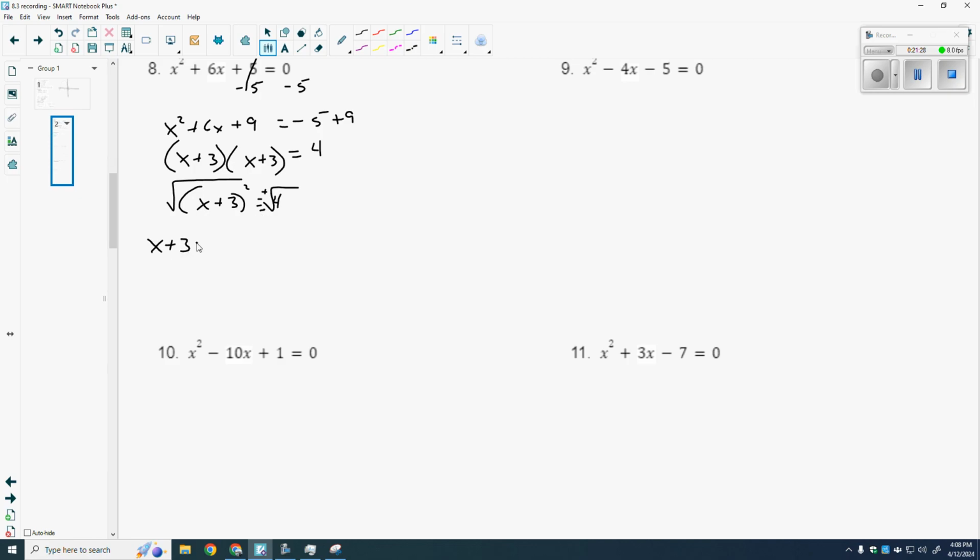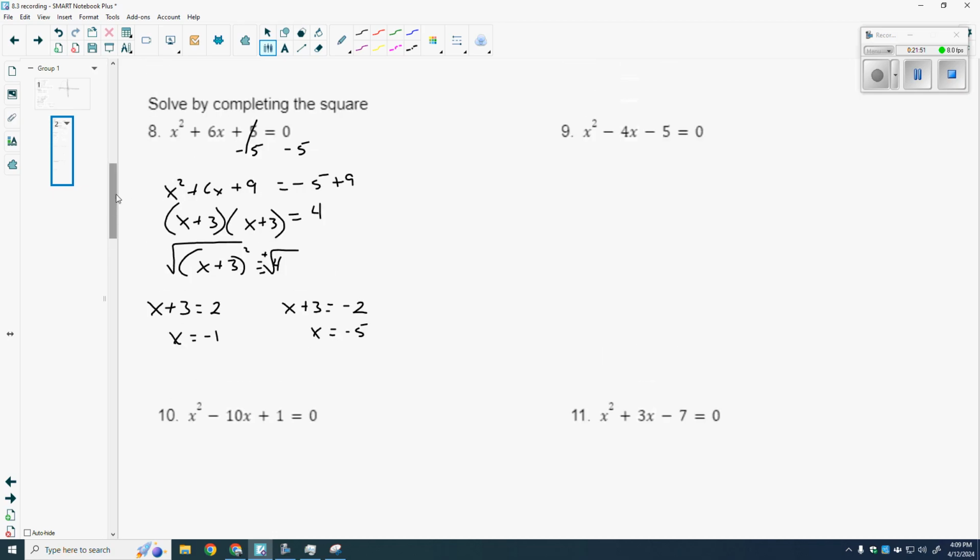So x plus 3 could equal 2, and x plus 3 could equal a negative 2. Subtract 3 from both sides, x equals negative 1. Subtract 3 from both sides, x equals negative 5. Done. Solved by completing the square.